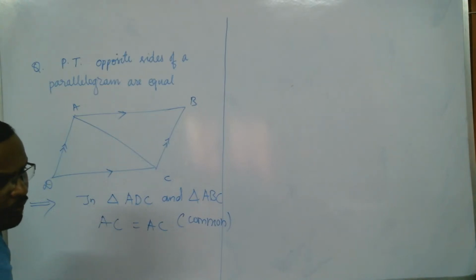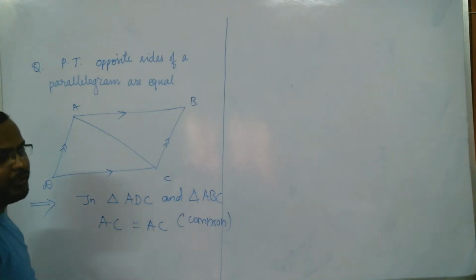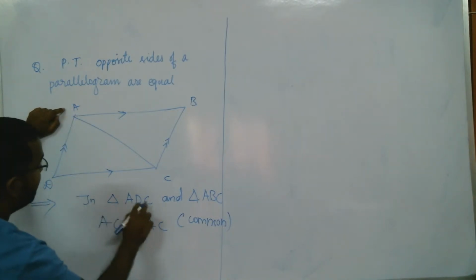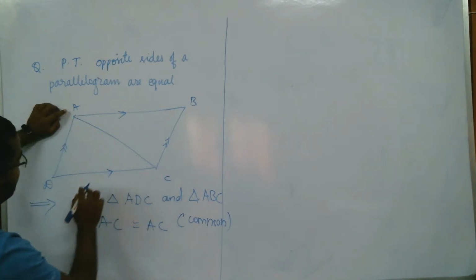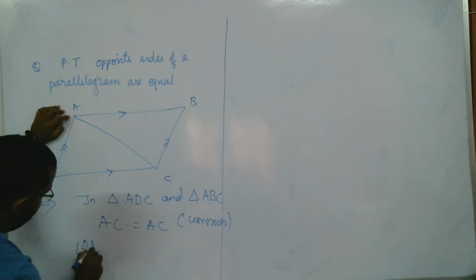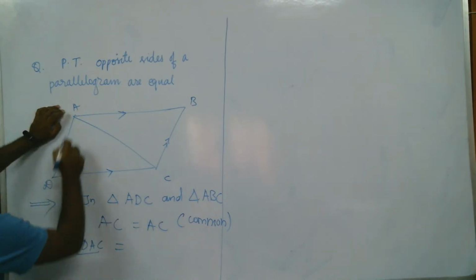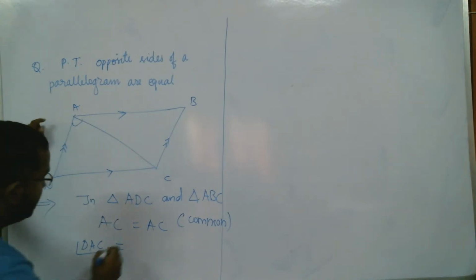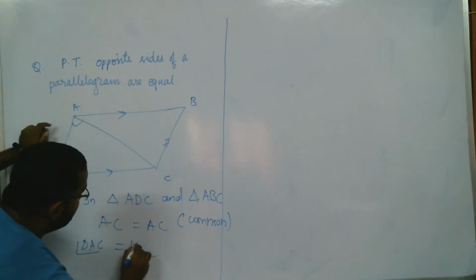So next, which one are you going to take here? Look at these angles. In triangle ADC, this angle DAC is equal to angle ACB.